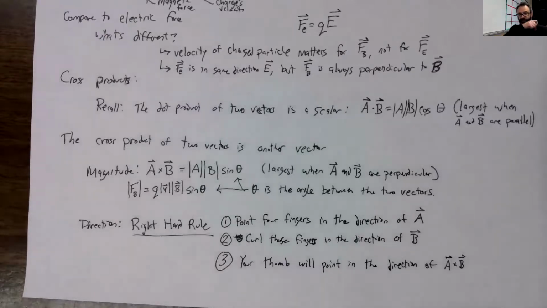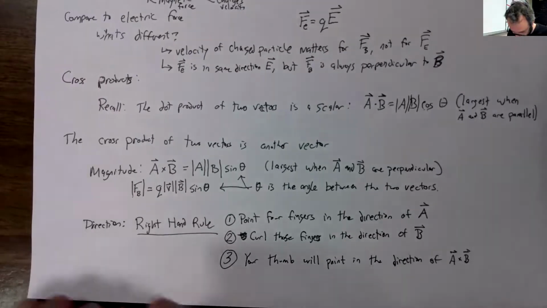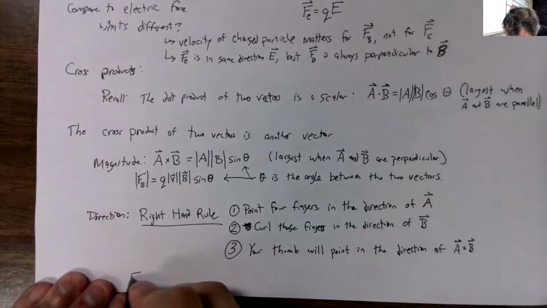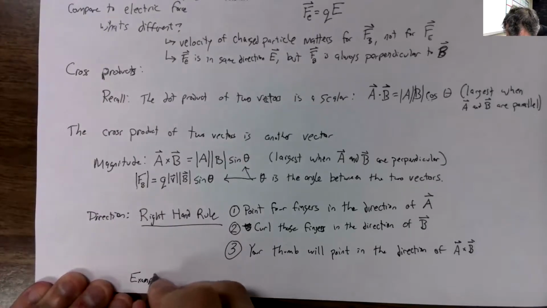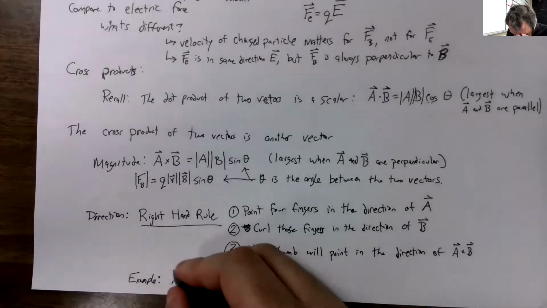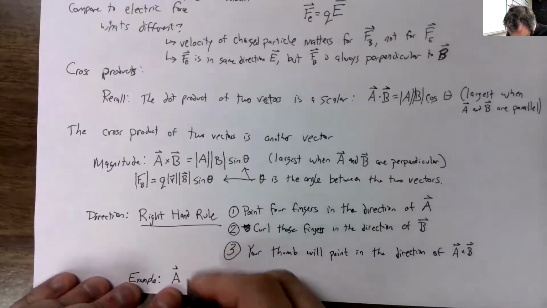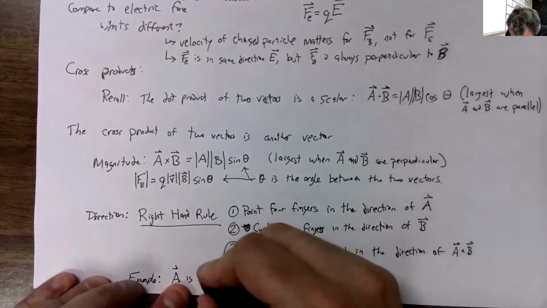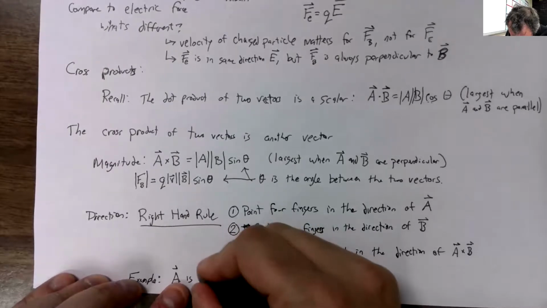All right, so let's try that out and see what that means. Let's say my vector A is up on the page like this.